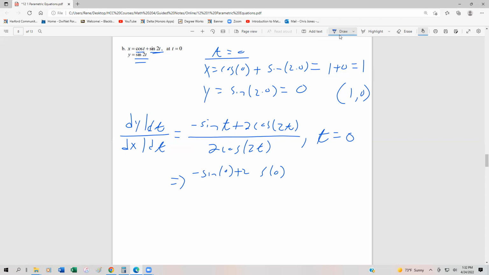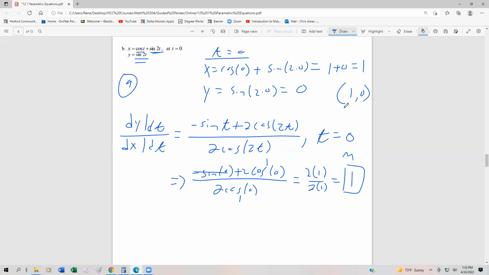Let me just write that out a little bit better. And then we're going to divide by 2 cos of 0. We know that sine of 0 is 0, cos of 0 is 1. So this winds up being 2 times 1 divided by 2 times 1, which is 1. And that is our slope at the point. So answering part A, where we're asked to find the slope, it is 1.